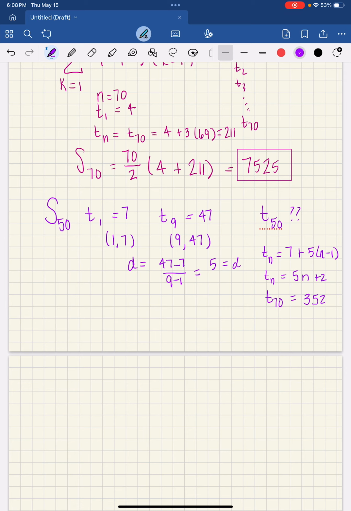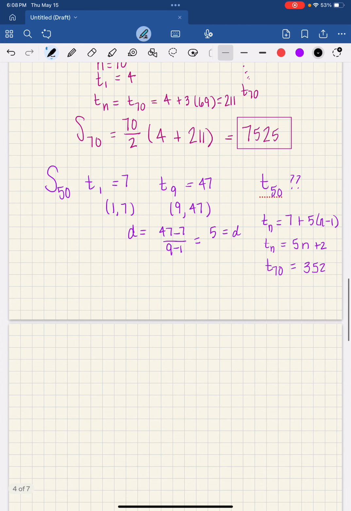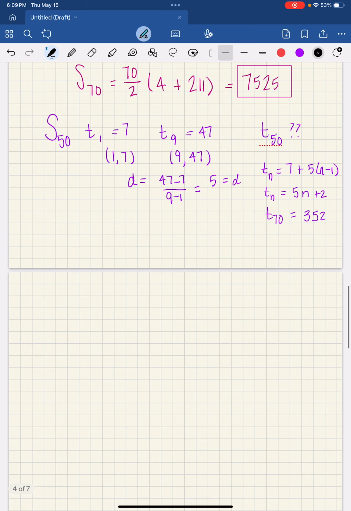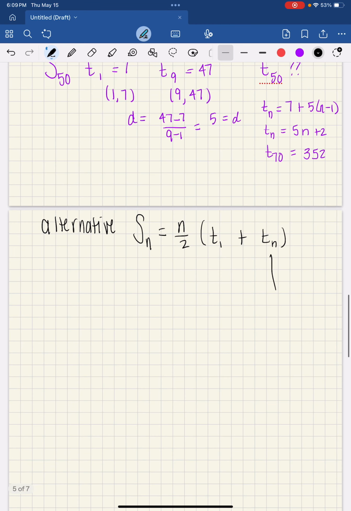There is an alternative formula. So if you're a formula memorizer and this is no big deal for you, feel free. The alternative formula: I know that S sub n is n over 2 times t sub 1 plus t sub n. But I know that t sub n is t sub 1 plus d times n minus 1.